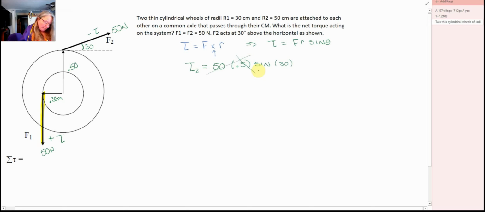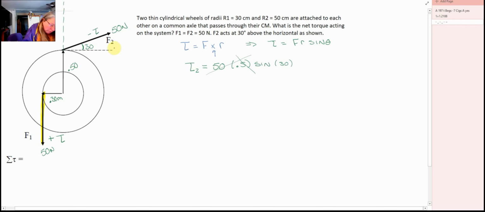Let's look at why. We know that this torque here is 90 degrees. I can see that. So one of the ways I can visualize it is, let me just draw this out more, 90 degrees from this extended radius arm, if you will. So kind of draw that out further.